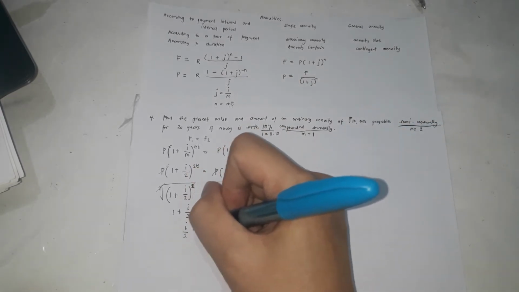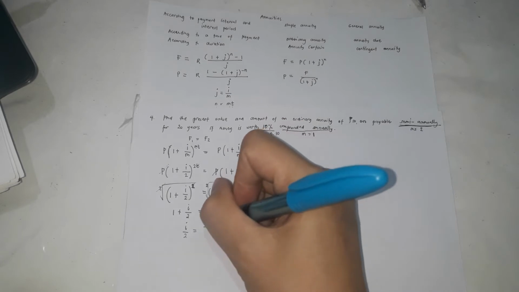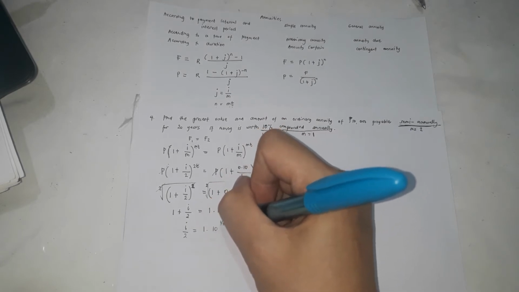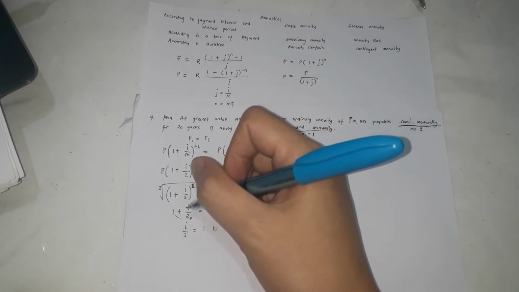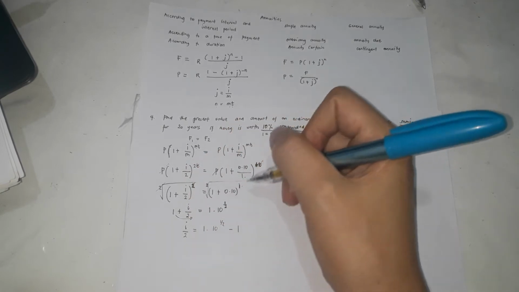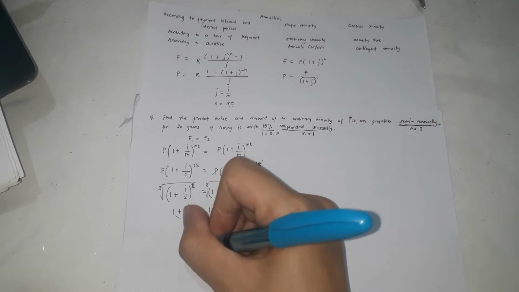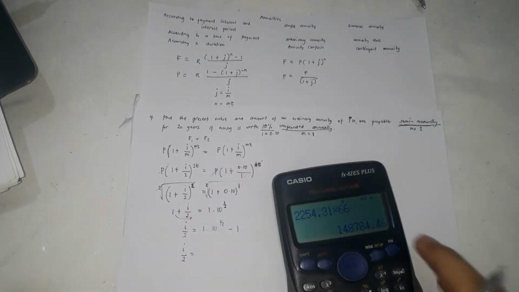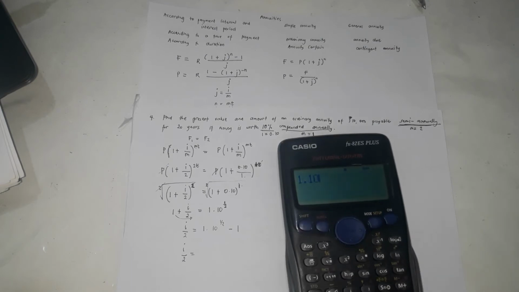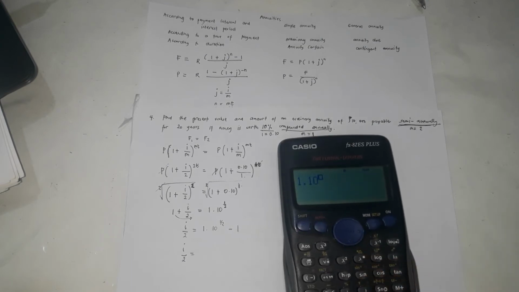Next, i over 2: we're going to transpose the 1. So 1.10 to the power of 1/2 minus 1. Transpose it, or by the addition property of equality, minus 1 here and minus 1 on the other side. So you can solve now for i over 2. i over 2 is 1.10 raised to the power of 1/2 minus 1.